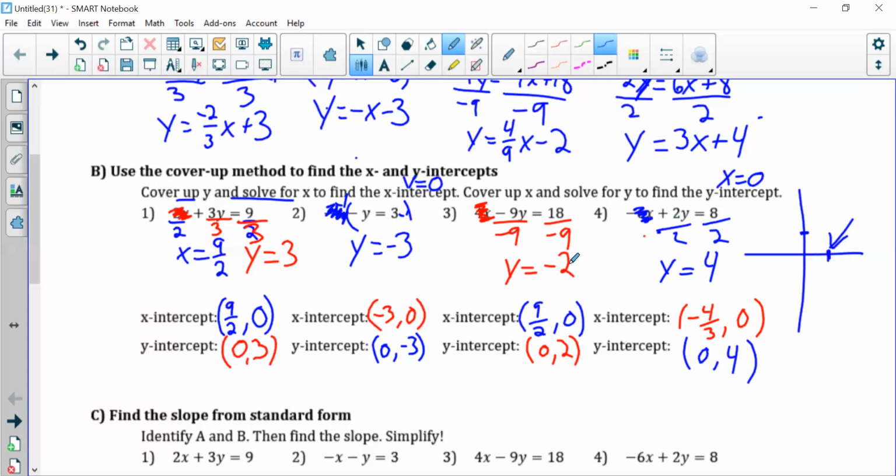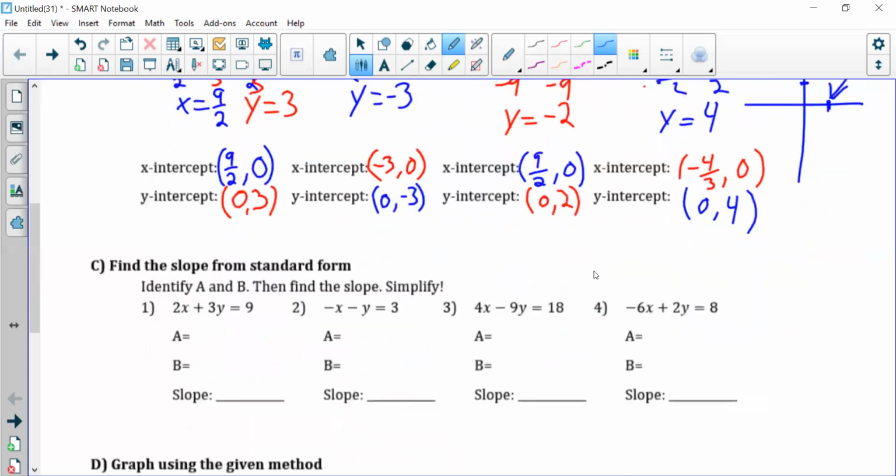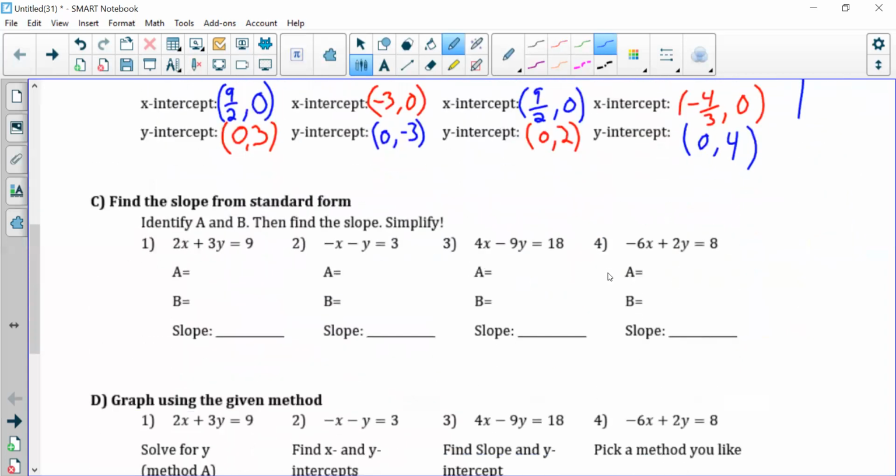All right, the third method, and this is my absolute favorite of the three, is finding the slope from standard form. Until now, our standard approach for finding the slope of an equation has been to convert everything to slope-intercept form. But I am here to show you that there's a trick. There's an easier way. You don't have to convert it to slope-intercept form. You can get the slope directly from the standard form.